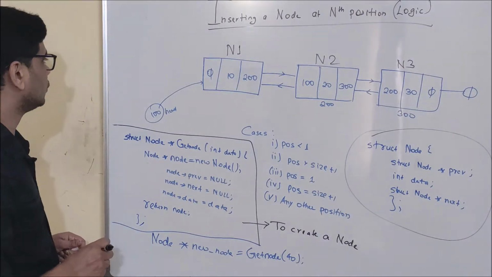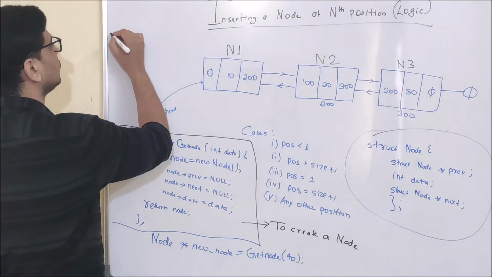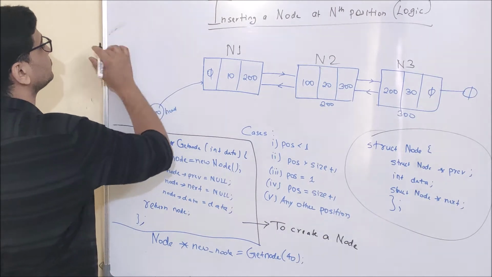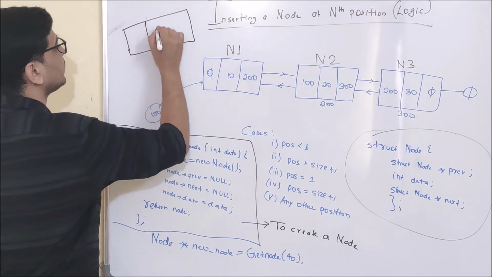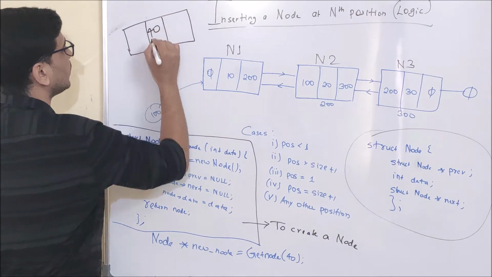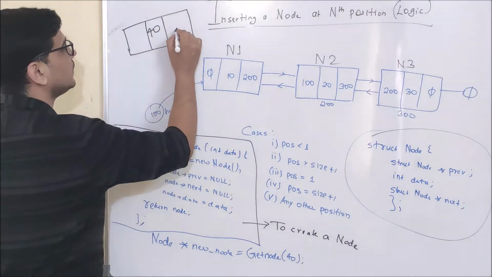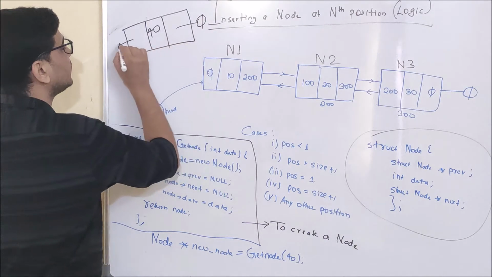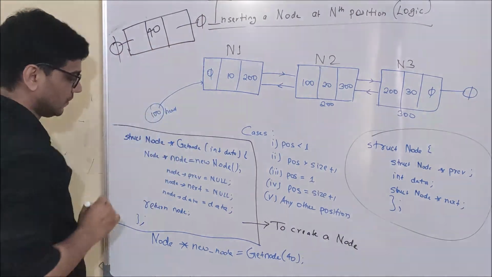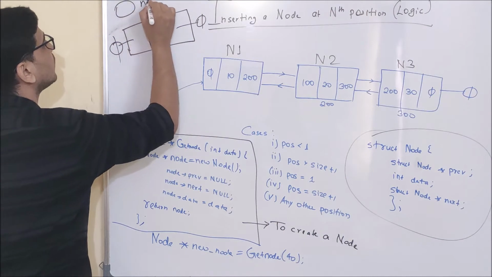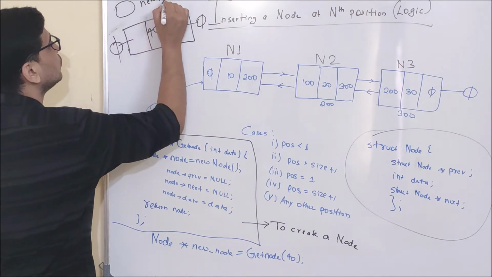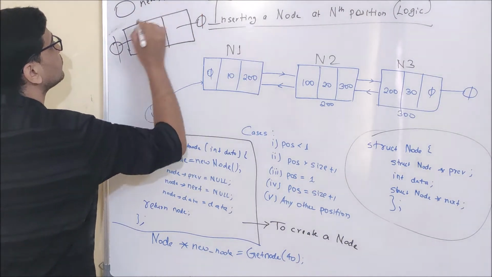Okay, so now see what we are going to do. Suppose this is the node which we have created. Here we have 40 as the data part, and these two pointers are currently pointing to null. And this is our pointer new node.